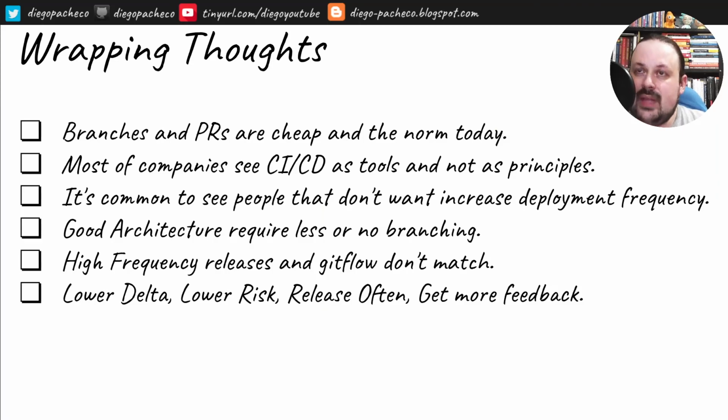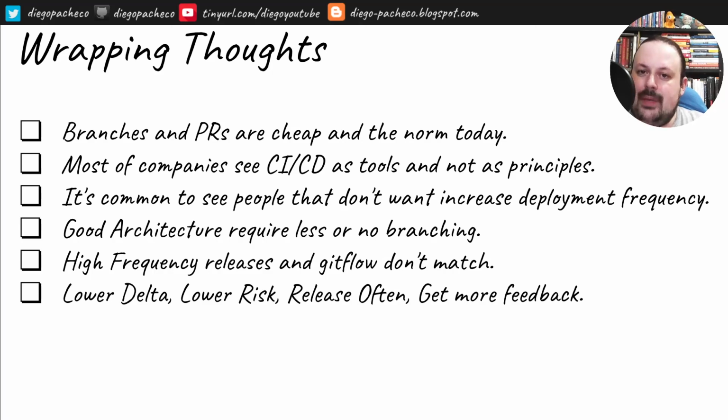So, some wrapping up thoughts, all right? Branches and PRs are cheap and they are the norm today thanks to Git and GitHub. Most companies see CI/CD as tools, not as principles. So that's why you need to go back to the principles and understand them.